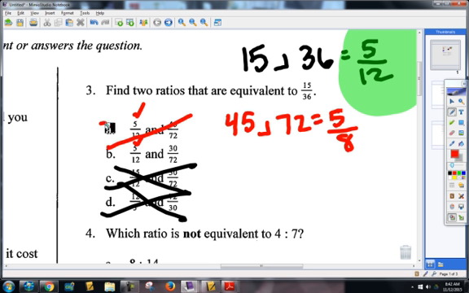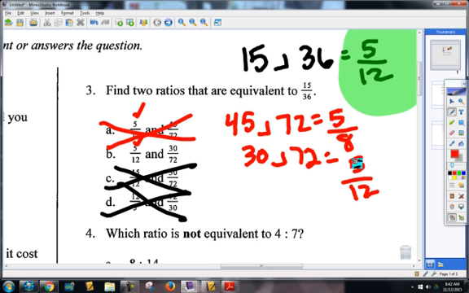So doesn't that eliminate letter A? Remember what I always tell you guys, on multiple choice, find the 3 wrong answers, and then you'll find the right answer. Now, 30 ABC 72 does give me 5 to 12. So I learned that letter B is the only one that has two ratios that are equivalent to 15 to 36.